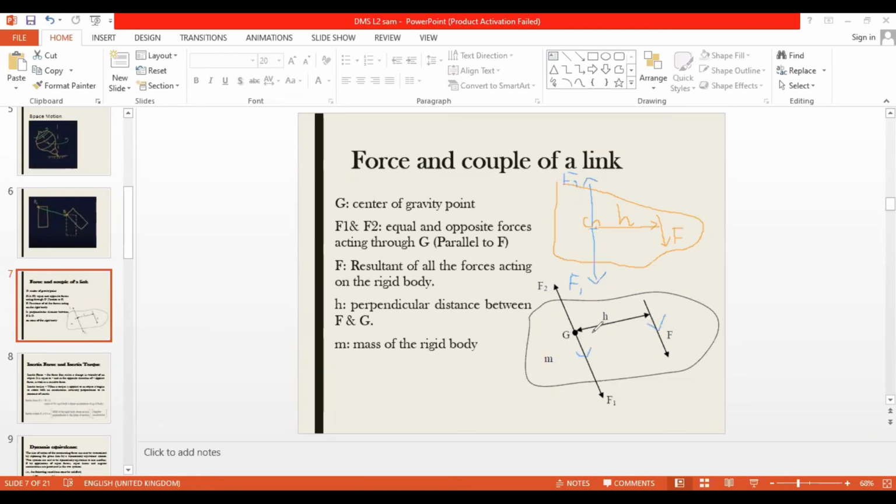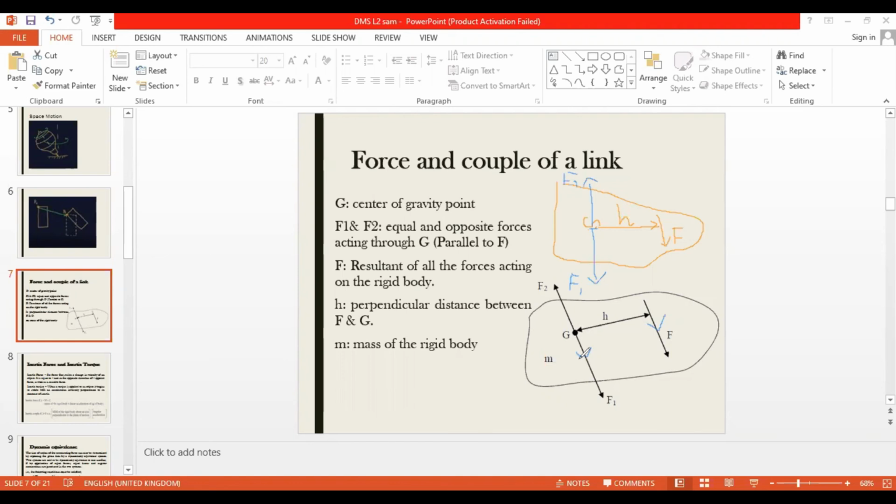F is the resultant of all the forces acting on the rigid body, and h is the perpendicular distance between F and G. F is the resultant of all the forces, G is the center of gravity, h is the distance between these two, and m is the mass of the rigid body. If you consider any rigid body, it will have some mass.